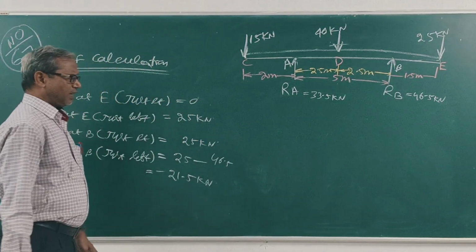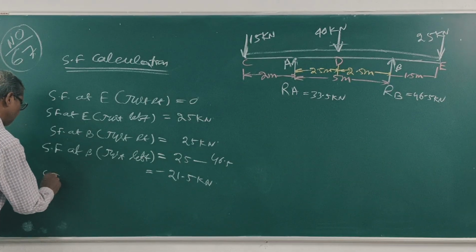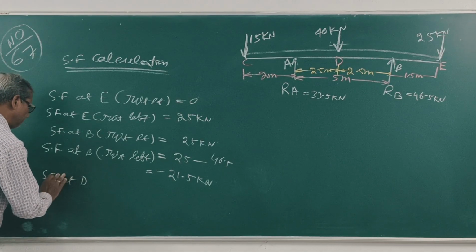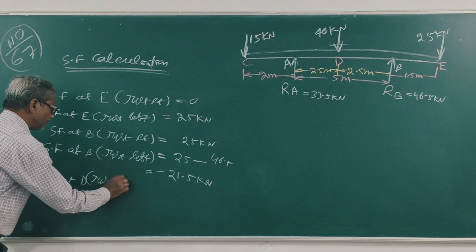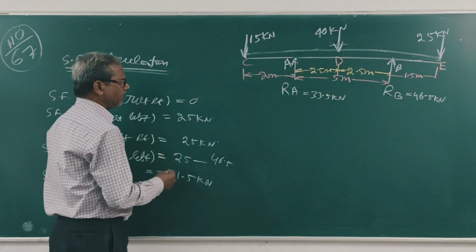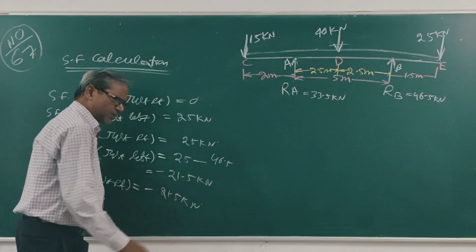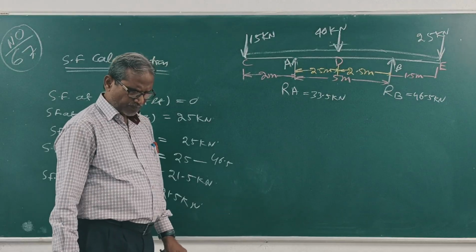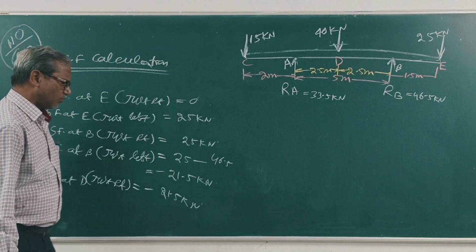Clear? Then shear force at D just right is the same, minus 21.5 kilonewton. At D, there is a load of 40 kilonewton.